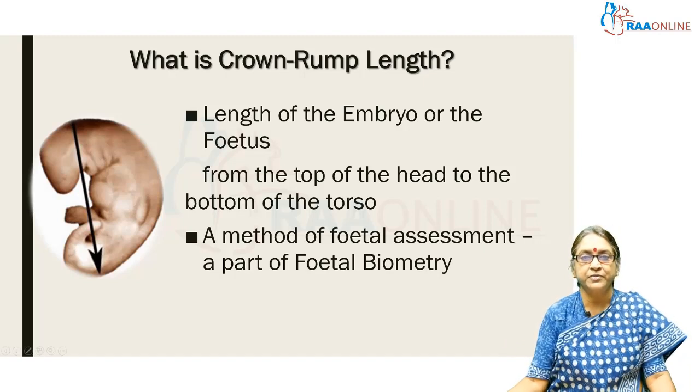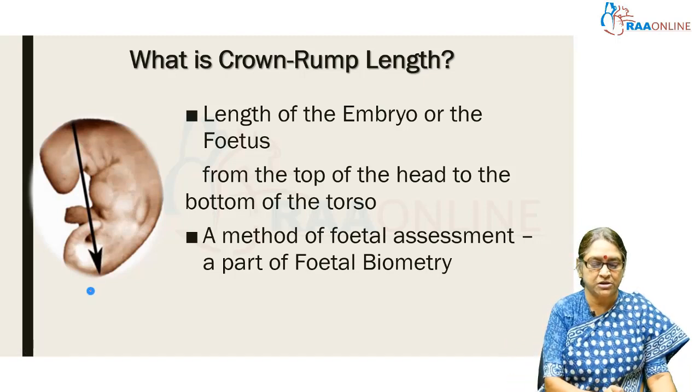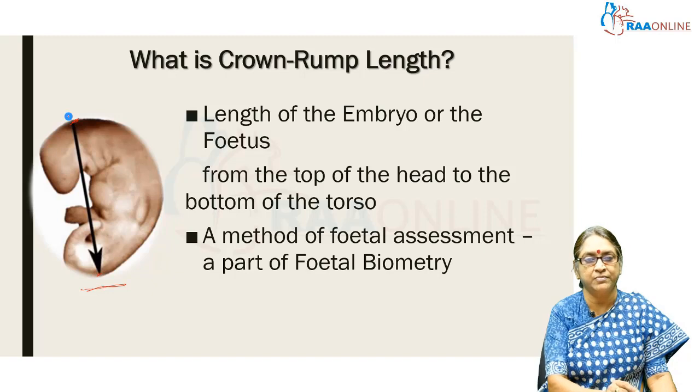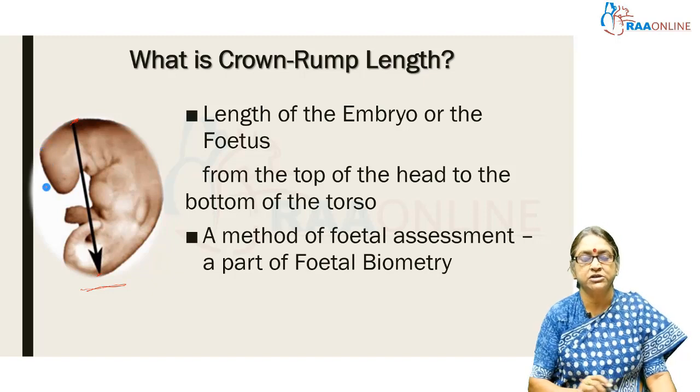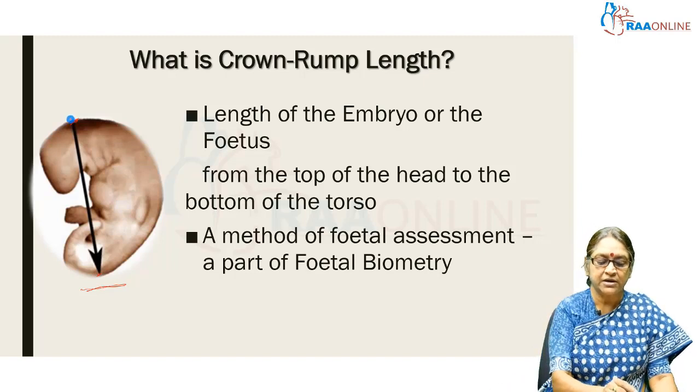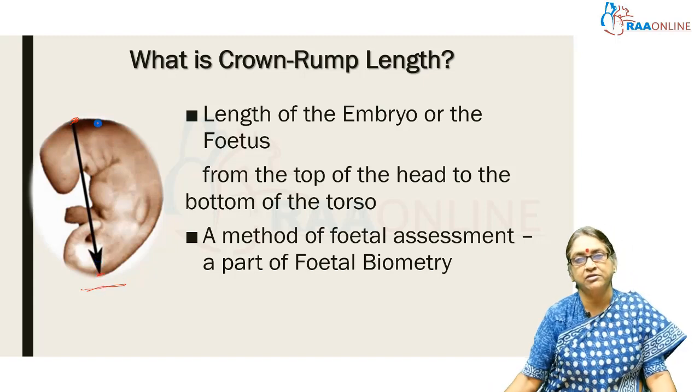And here in this picture you see that from this point to this point, from the top of the head area, though the head is not completely distinguishable, we can say the top of the head region to the bottom of the torso region is that length which is called the crown rump length.